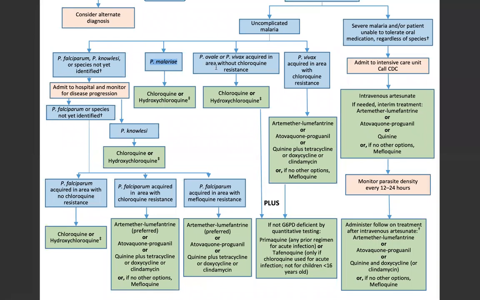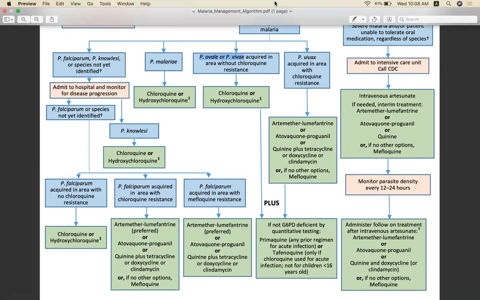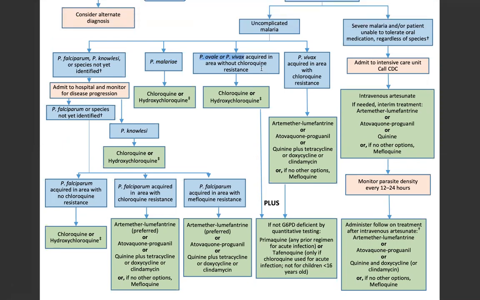Plus Plasmodium ovale: if the uncomplicated malaria is by Plasmodium ovale or Plasmodium vivax acquired in an area without chloroquine resistance, you can give chloroquine or hydroxychloroquine.